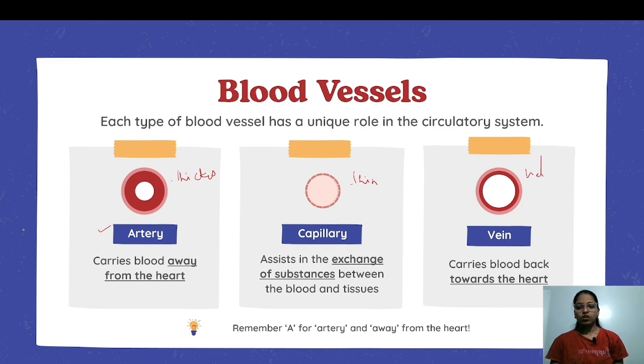Correct. Now, most of the time the artery carries oxygenated blood and veins carry deoxygenated blood. But what we need to remember is that arteries carry blood away from the heart and veins carry blood back towards the heart.